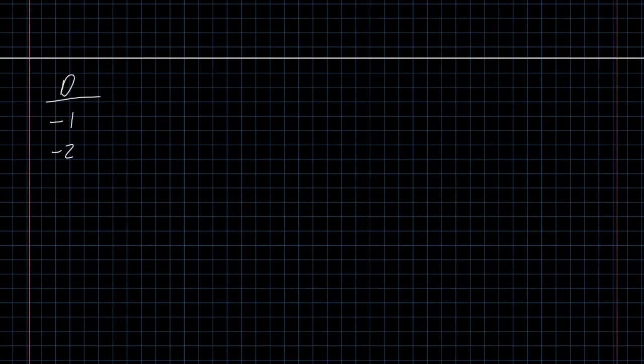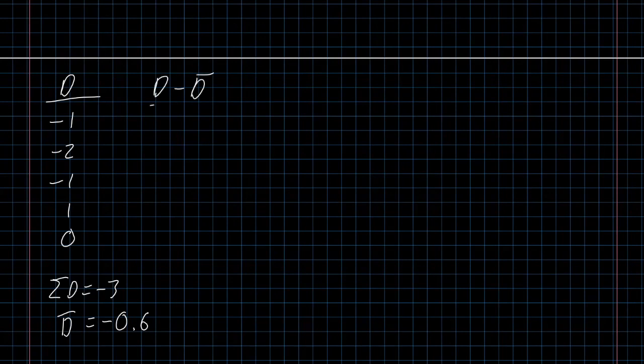negative 1, negative 2, negative 1, positive 1, 0, we can find that if you add these together, you get negative 3, which means that the mean is negative 0.6, right? Negative 3 divided by 5 is negative 0.6. We can take D minus D bar, which is going to give me, all right, this is where things get a little bit ugly.